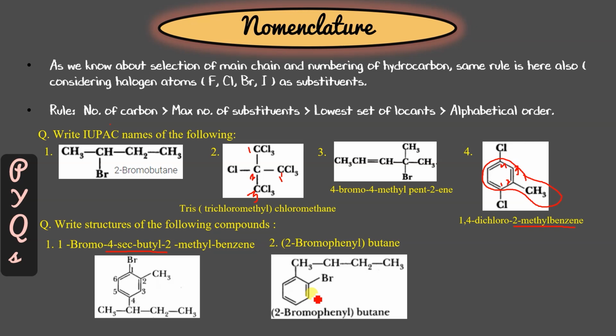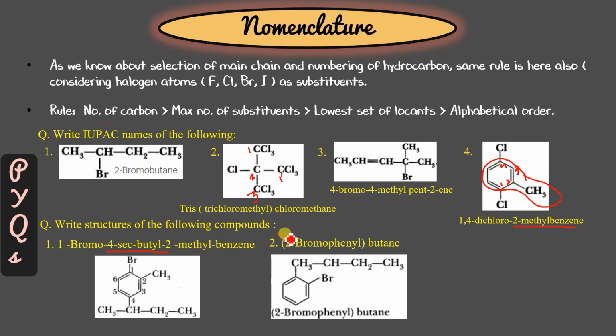I just want to ask whether this structure is correct for this name. Yes, of course the structure is correct for the name, because the question is given like this, so we are bound to draw the structure like this only. Got it? But if the structure is given like this, the name will not be like this.